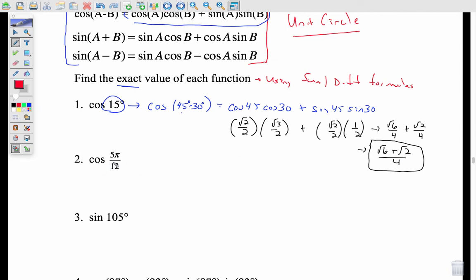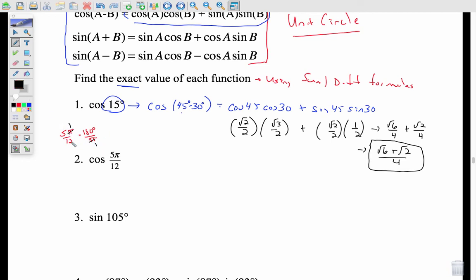We'll start all over again here with the cosine of 5 pi over 12. Since most of us probably don't like to work with fractions too much, I would suggest we pull the 5 pi over 12 off to the side and convert it to a degree measure, so it's easier to find two numbers we can add or subtract to get, in this case, 5 pi over 12, whatever the degree measure is.